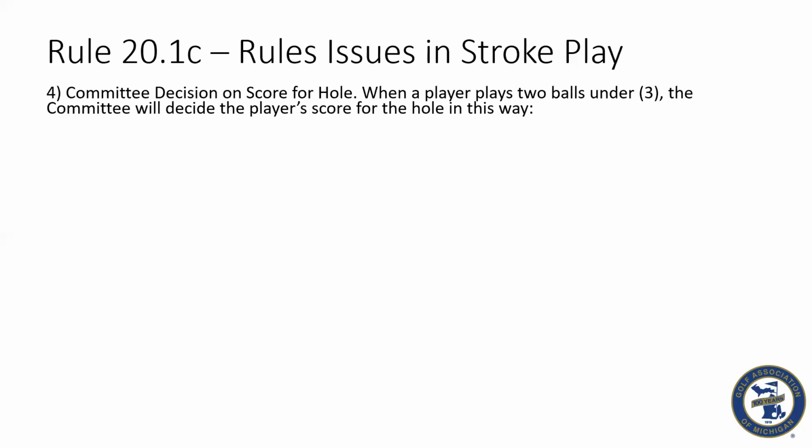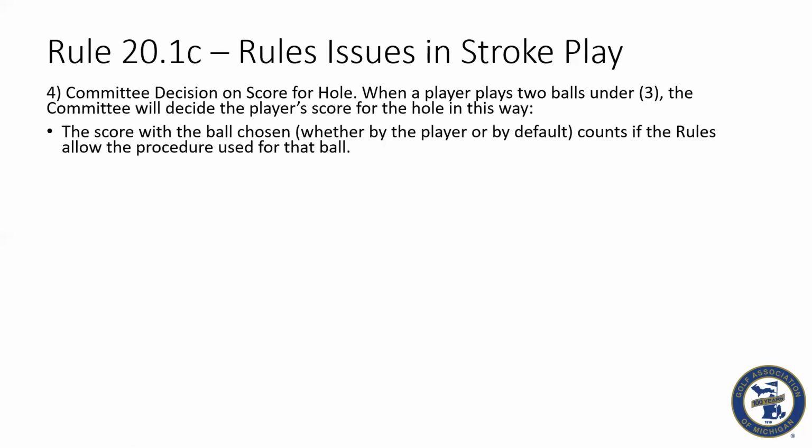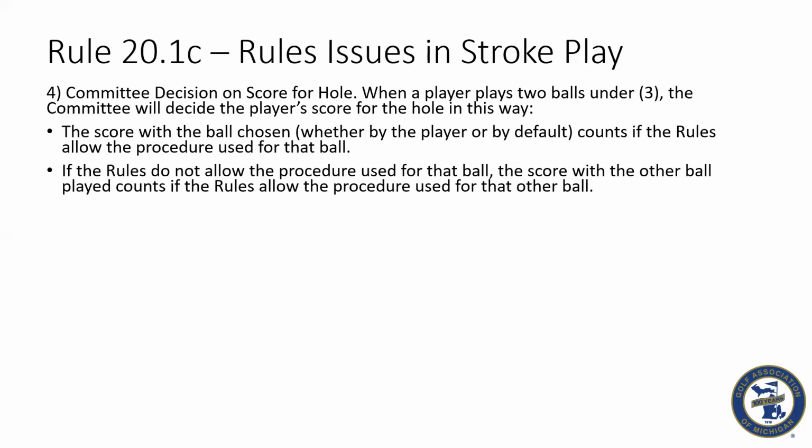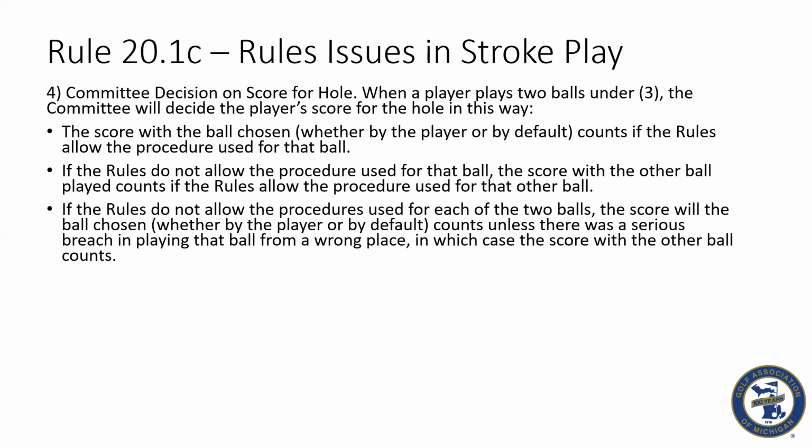Okay, so how do we decide which one is going to count? The score with the ball chosen is going to count, or if it hasn't been a choice by the player, the one that's played first is going to count if the rules allow the procedure used for that ball. If the rules do not allow the procedure, then the score with the other ball counts, provided that ball was played by the rules.